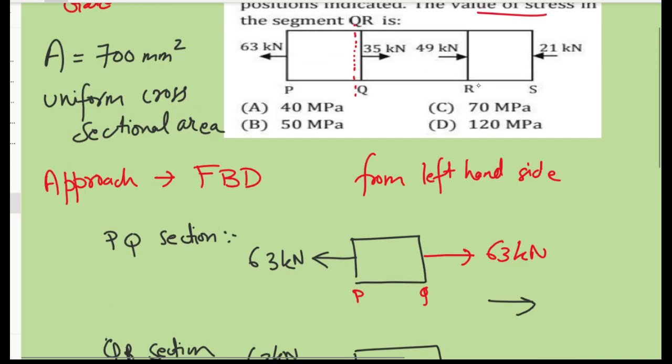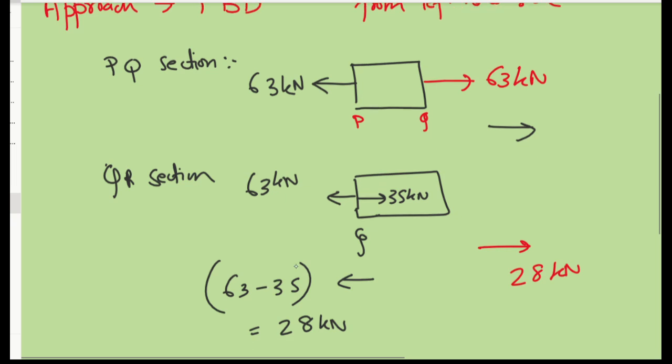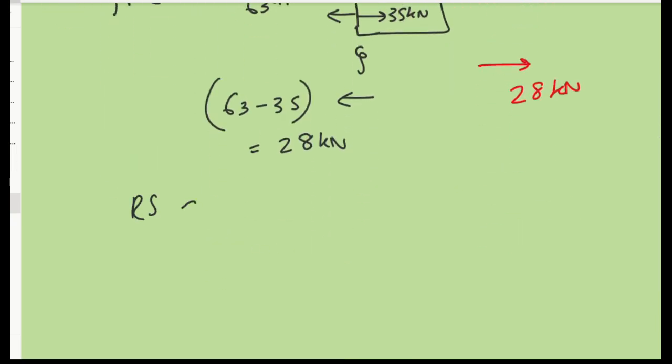Okay, moving on to the last section. The last section is our RS section. Here we can see 28 kilonewton is applying towards R. So the opposite of 28 kilonewton will act towards the left hand side.